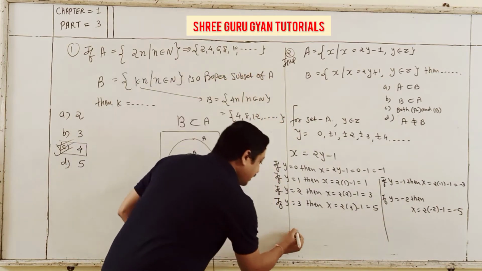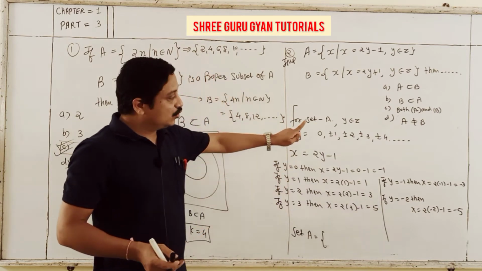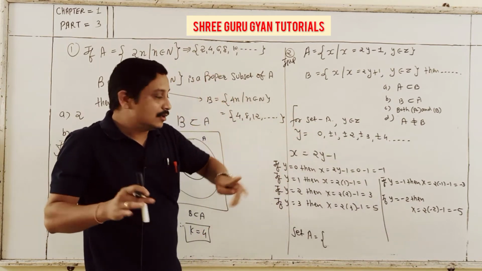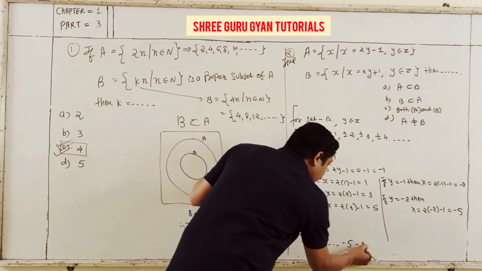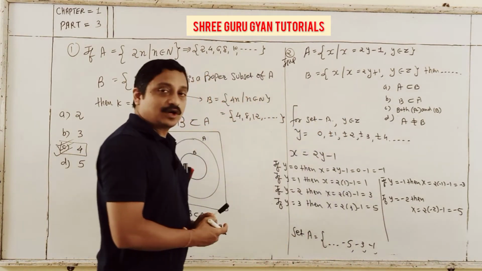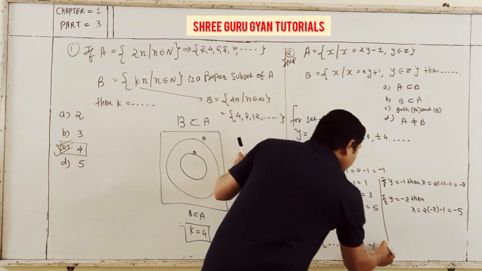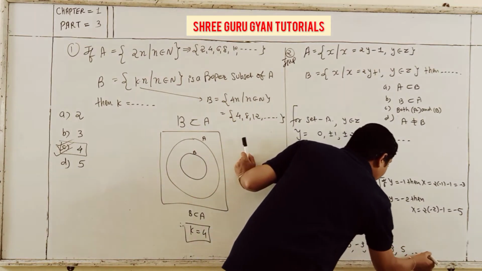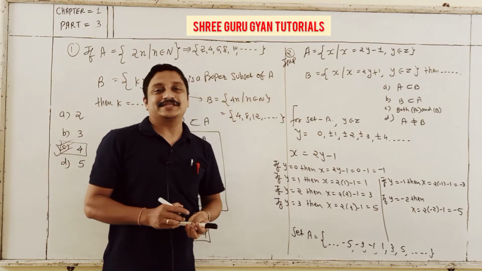Indirectly, your set A is ready, beta. I just write down a few numbers, not all. Your answer is coming: minus 5, minus 3, minus 1, and further 1, 3, 5. That's your set A.